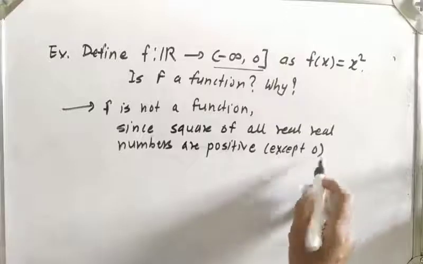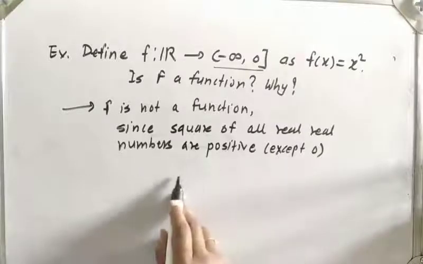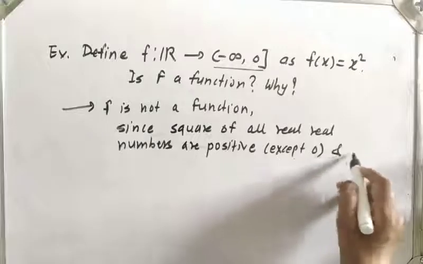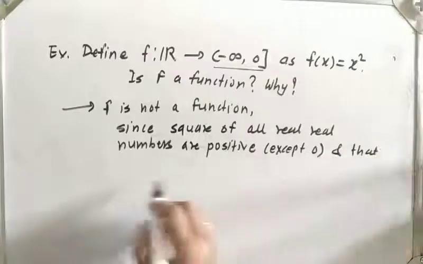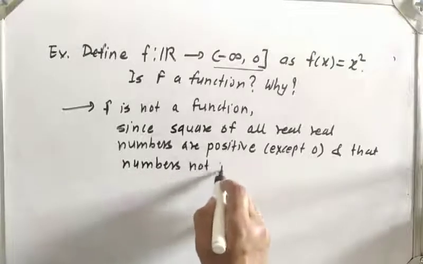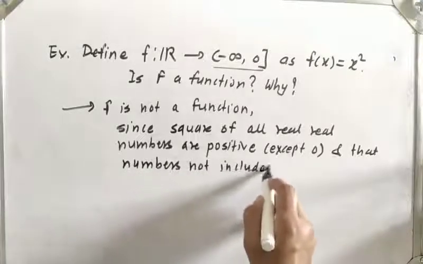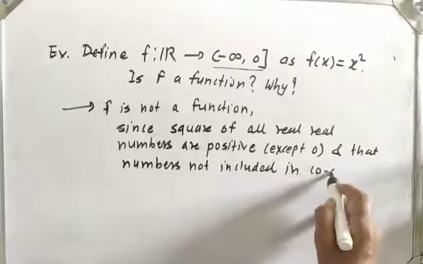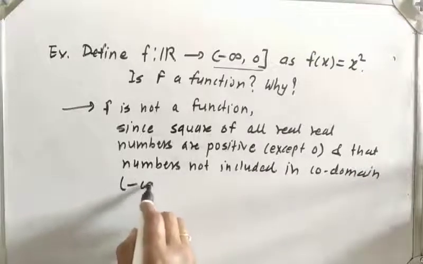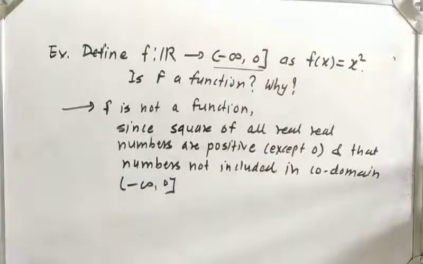Square of 0 is 0. Square of all other real numbers is positive, and those numbers are not included in codomain minus infinity to 0. Therefore here f is not a function.